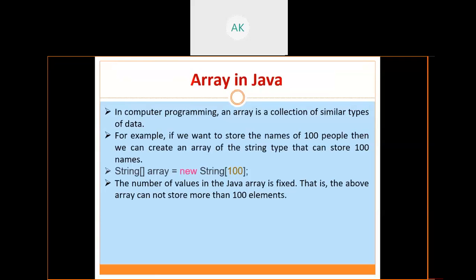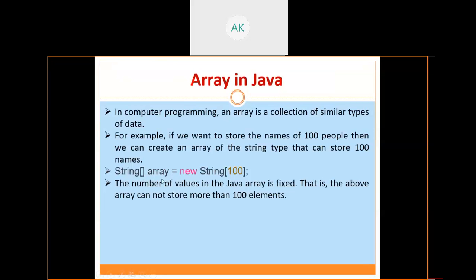Whenever I want to create the array, I first need to specify the type of data the array is going to store. In this example, I define the array of type string. There is a slight change in the syntax. In C, it was string array with the square bracket after the array name. Whereas in Java, we have the data type, then the square bracket, and then the array name.